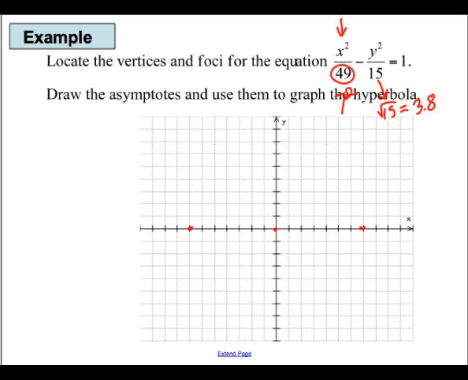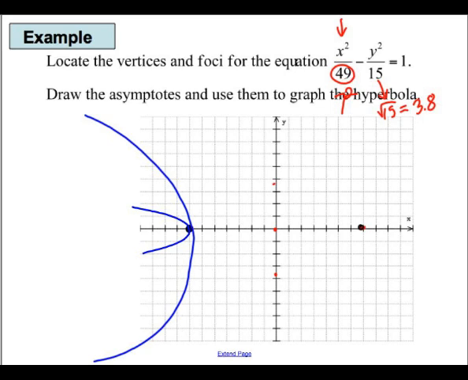I'm still going to graph that, even though it is not actually going to be a point on my graph. The reason I graph that is because we need to know how this curve looks. So the curve is definitely going to be at these two vertices. But the question is, is the curve going to be really skinny? Or is it going to be really wide?